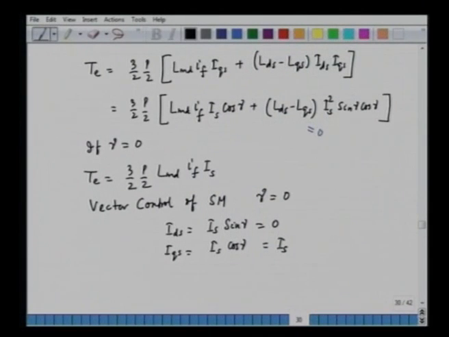And if we want to have very high dynamic response, we can keep the field current constant and control the torque by controlling the stator current or the armature current. So, this is what we have here. And what about if gamma is not equal to 0? That is not vector control, and we call that angle control.